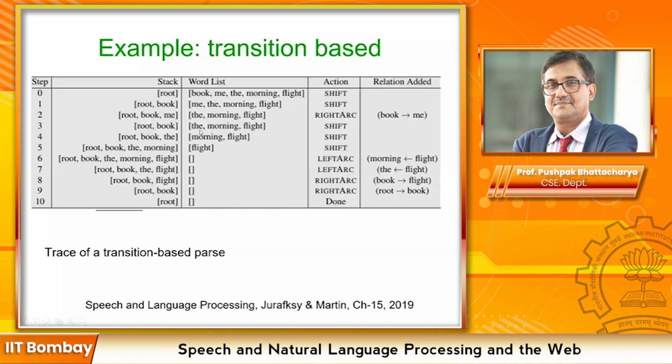When the head has arrived, you progressively link the modifiers until only the head remains, and that head is now linked with its own head, because a word can have the double role of being a modifier and a head. Flight, for example, is a dependent word for book, but flight is also a head for the and morning. So words can have a double role. They can be both head and modifier.